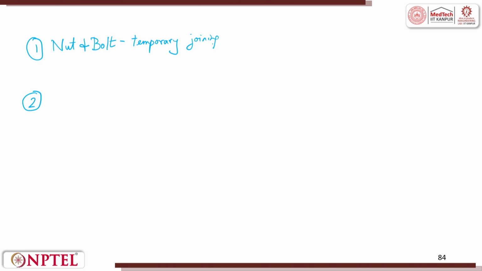Next, let us take a tumbler, which is of high aspect ratio. 3, let us try to take a plate. So, these are the 3 examples.